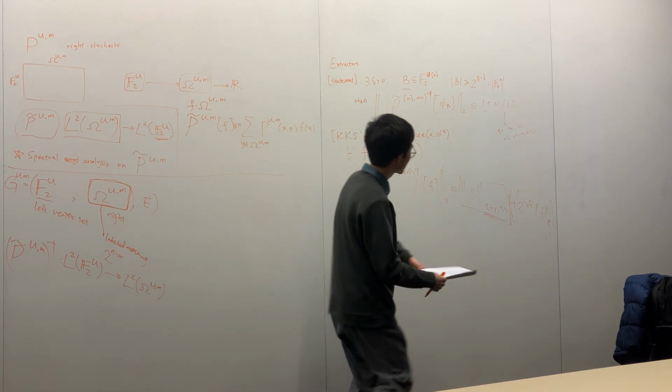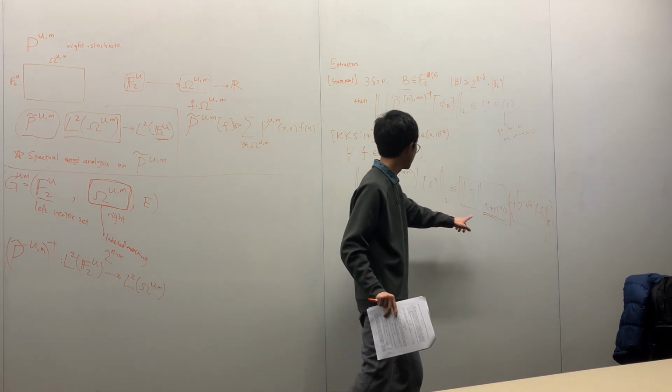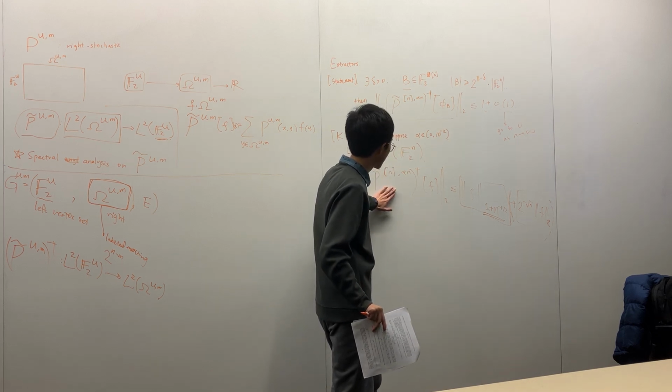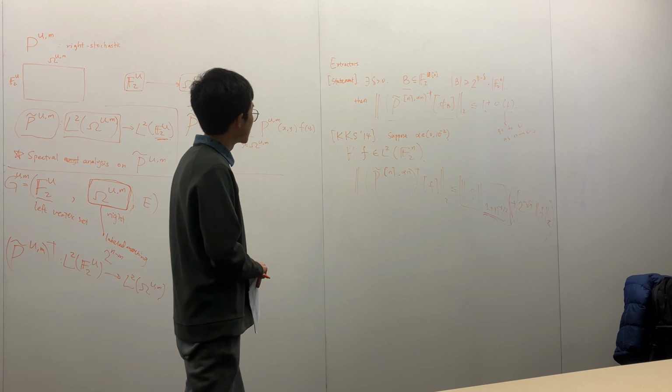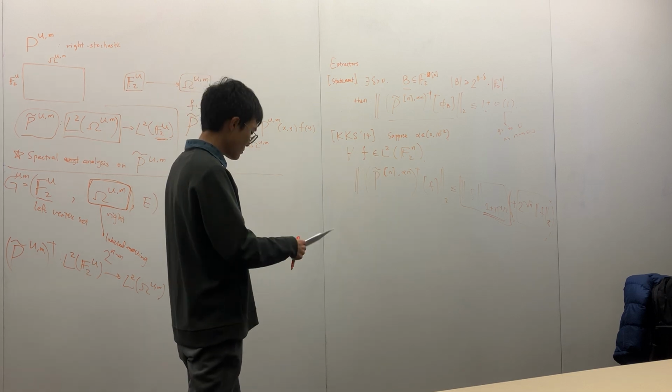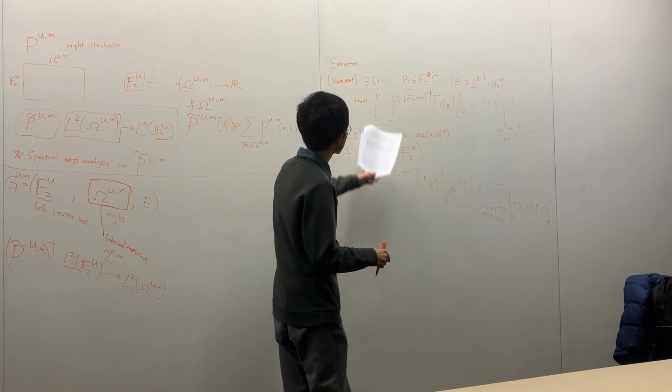So ignoring this very small factor, basically this is a hypercontractivity statement. It says that this operator is a good hypercontractor. And as a corollary, it implies something much stronger than that.